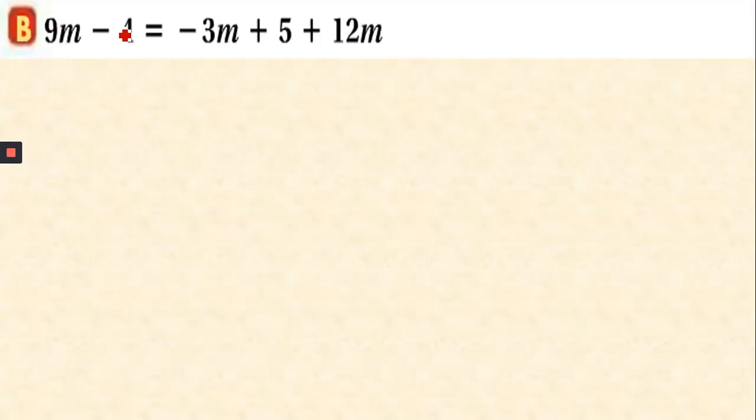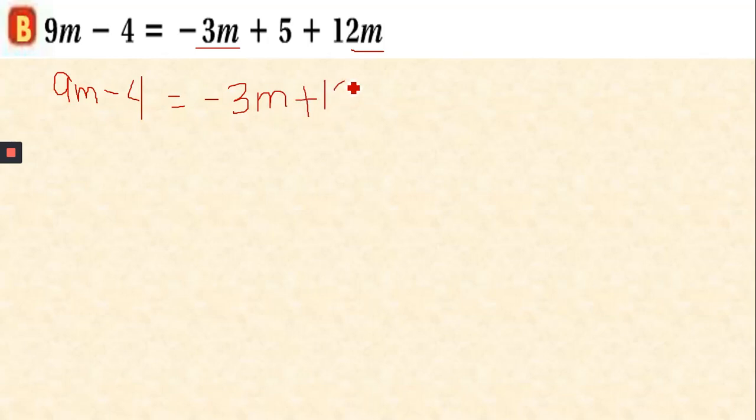Okay? We have here 9m minus 4 equals negative 3m plus 5 plus 12m. On the right side of the equation, you have negative 3m and 12m. Let us combine first the two terms, negative 3m plus 12m, plus 5.